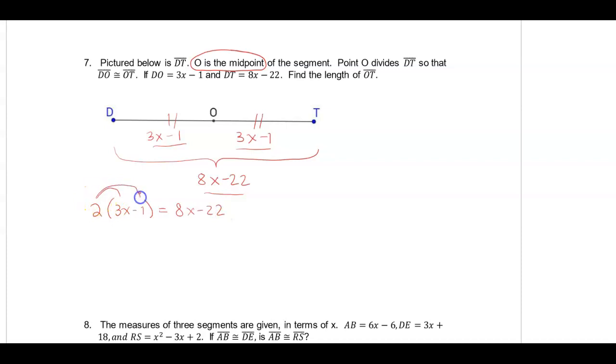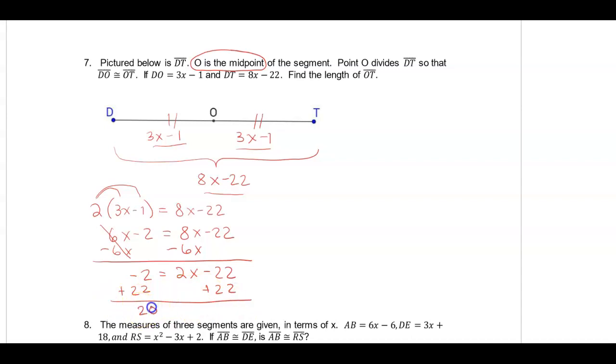All right, I'm going to distribute the 2. 6x minus 2 equals 8x minus 22. I will subtract 6x from both sides, and I will get negative 2 equals 2x minus 22. I will add 22 to both sides, so I'll get 20 equals 2x, and that means x equals 10.